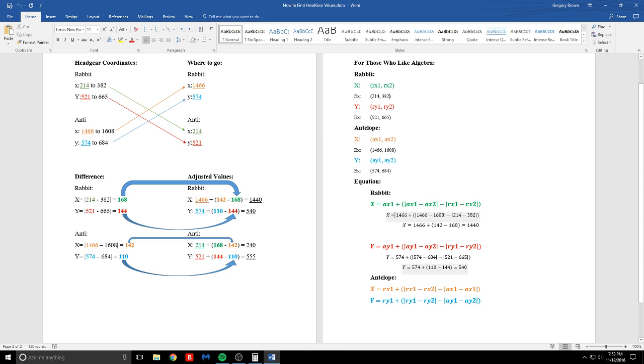So for example, with mine, my starting coordinate for the antelope was 1466 plus the difference, which is the first and second, minus the absolute value of the distance of the rabbit. And that should give you your estimated x value for putting in your code.